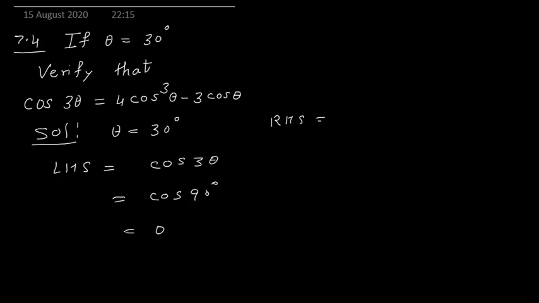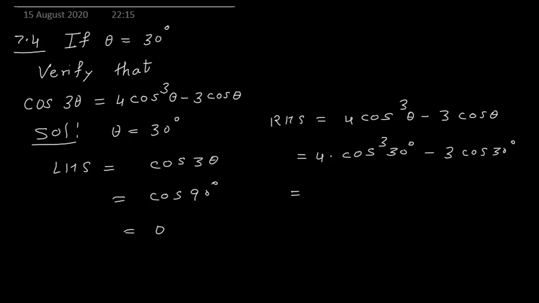Right hand side is 4 times cos cube theta minus 3 times cos theta. This is equal to 4 times cos cube 30 degrees minus 3 times cos of 30 degrees.